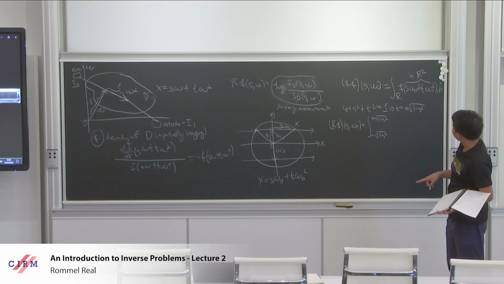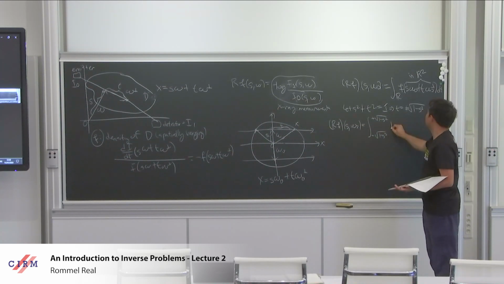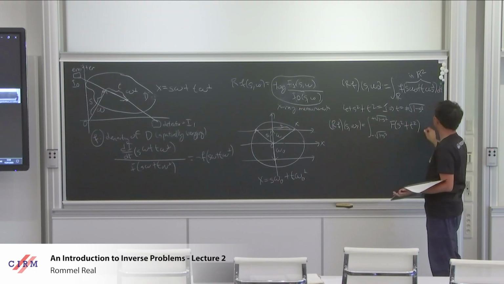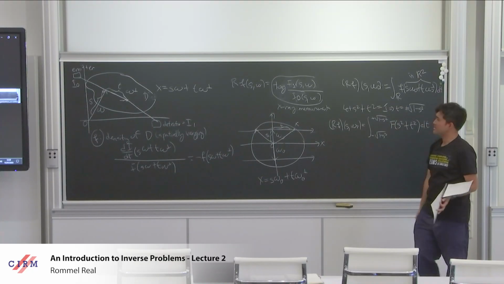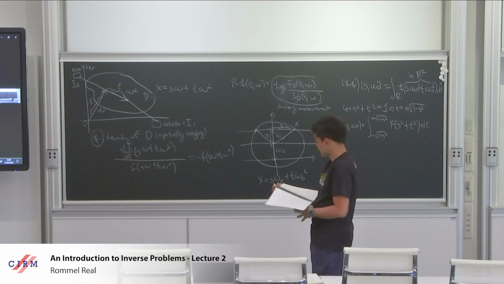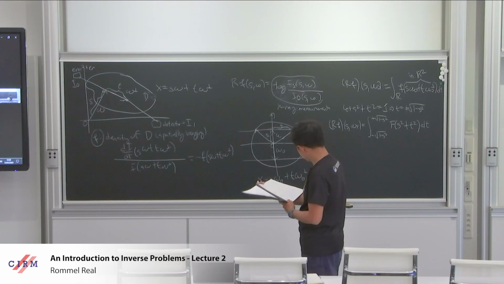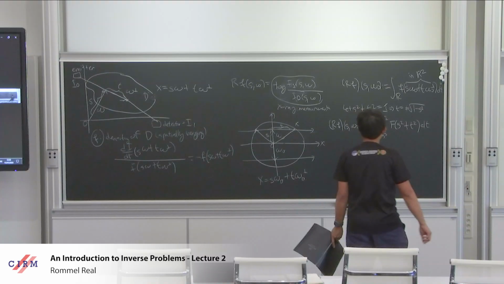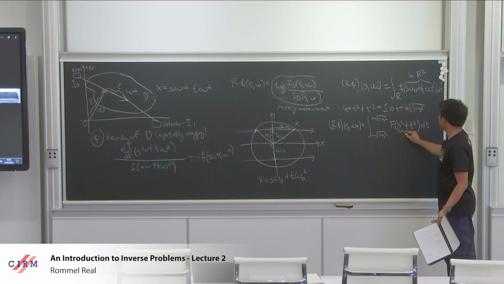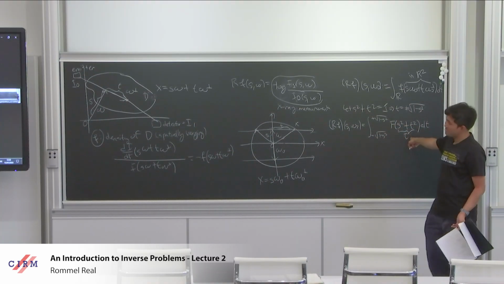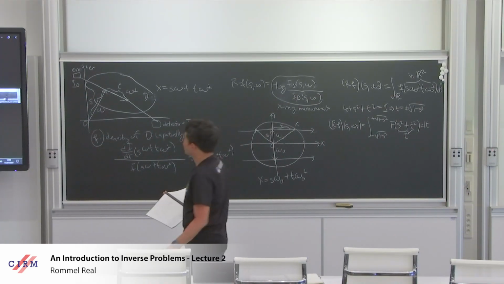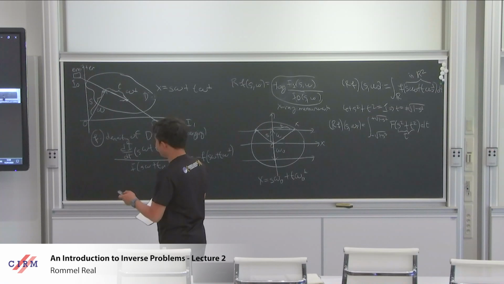By using that property, that's just equal to F of s squared plus t squared, times dt. Then by a change of variable, which I leave to you, if you let this equal tau, you will get another version of the Radon transform there.